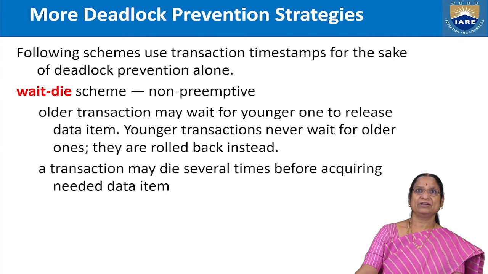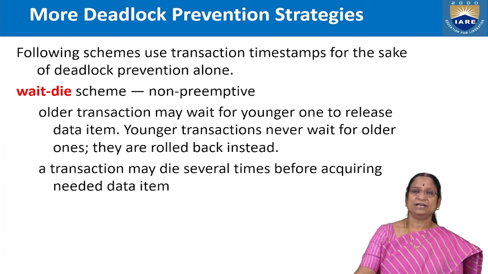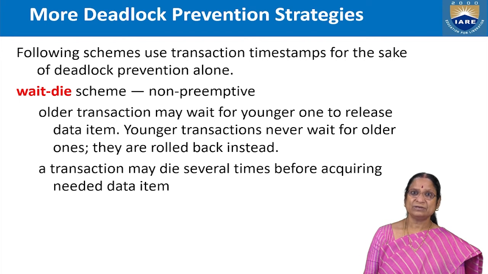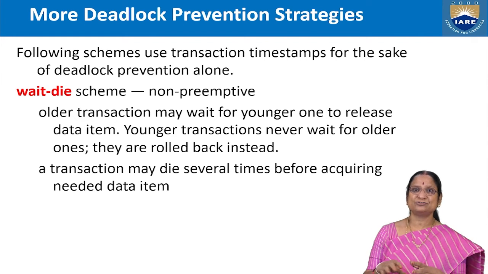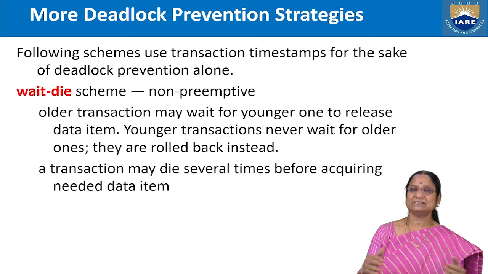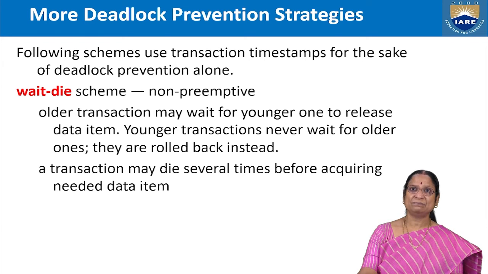Wait-die: it will wait. In such cases, which transaction has to be stopped first? The younger transaction is the one rolled back. The older transaction may wait for the younger transaction to release the data item, but a younger transaction never waits for the older transaction.